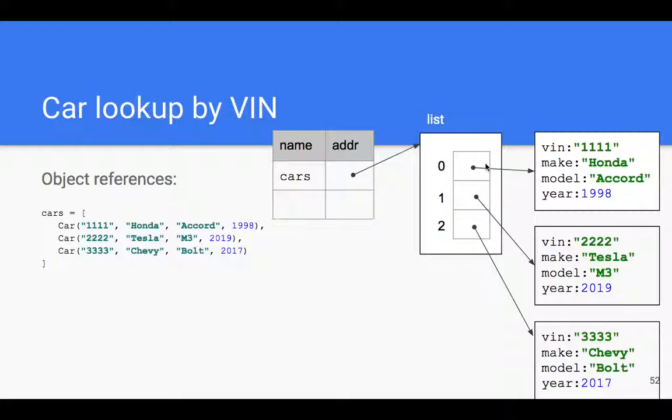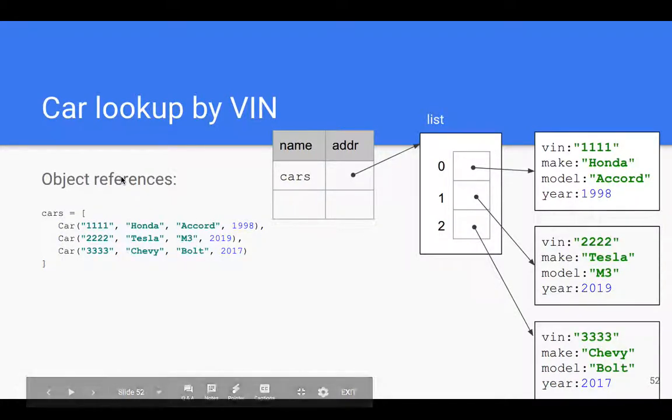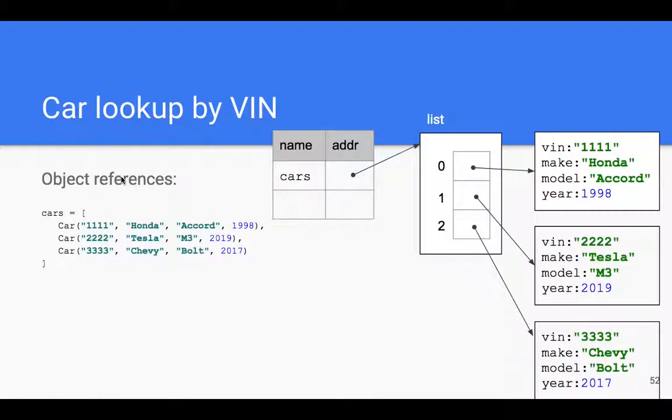At each of these indexes, there is a reference to the actual car object or instance. There are 3 of them: the Honda Accord, Tesla M3, and the Chevy Bolt. So this is the picture for list. We're going to see the picture for dictionary in a little bit.